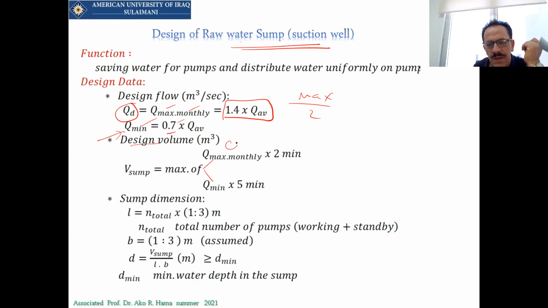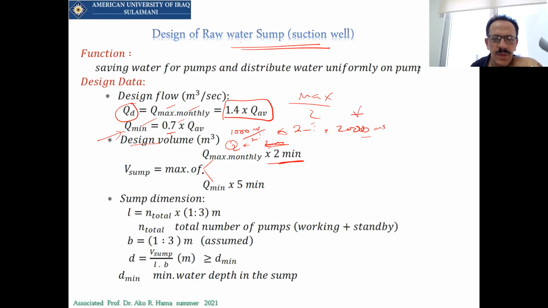The volume of this tank will be one of two options. Either we multiply the Q times 2 minutes. If Q is 1,000 meter cube per minute, usually we do not let the water stay in this tank for more than 2 minutes. So 2 times 1,000 means you have a tank volume of 2,000 meter cube.